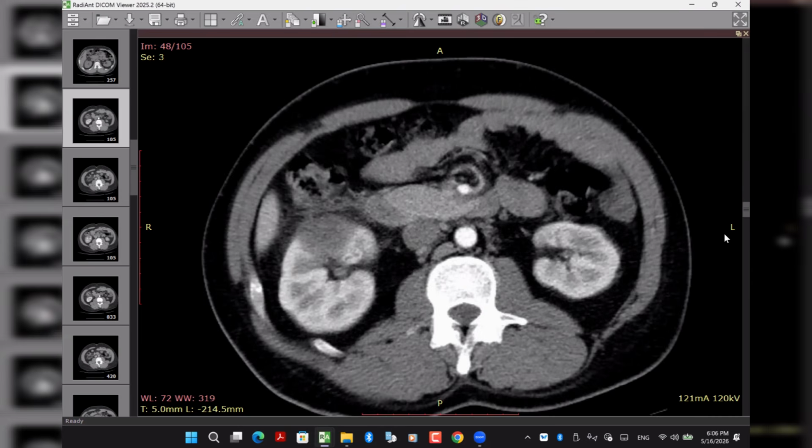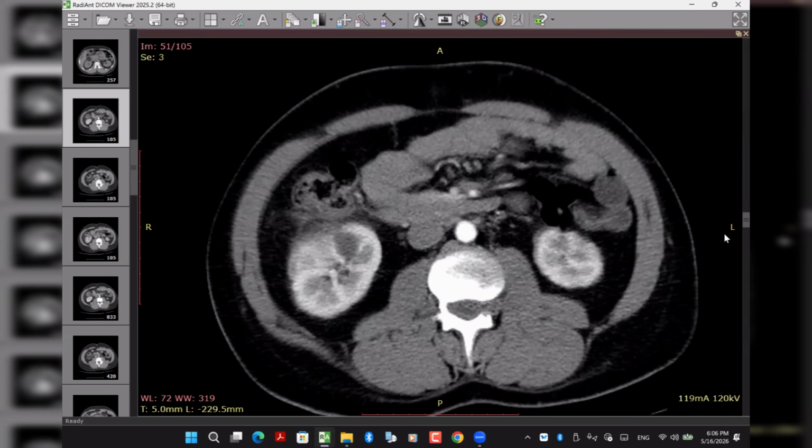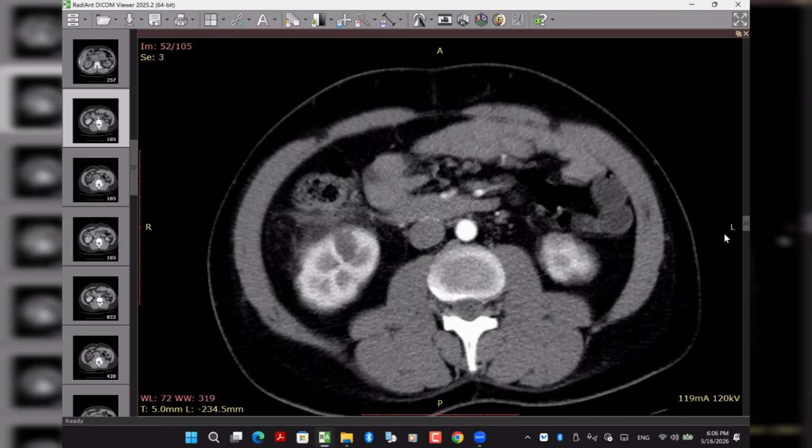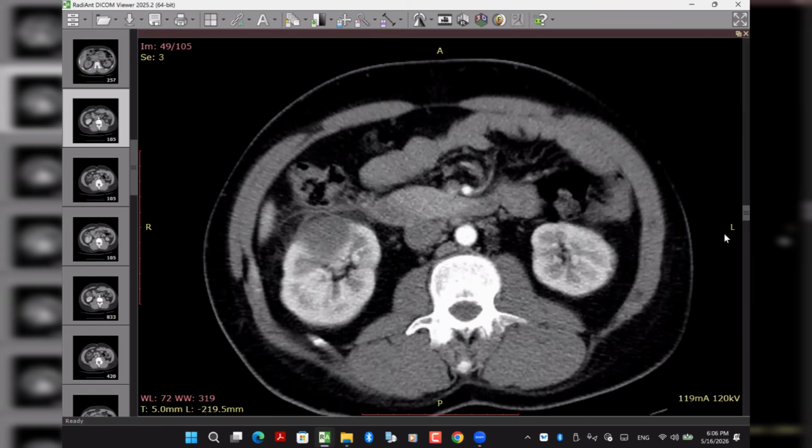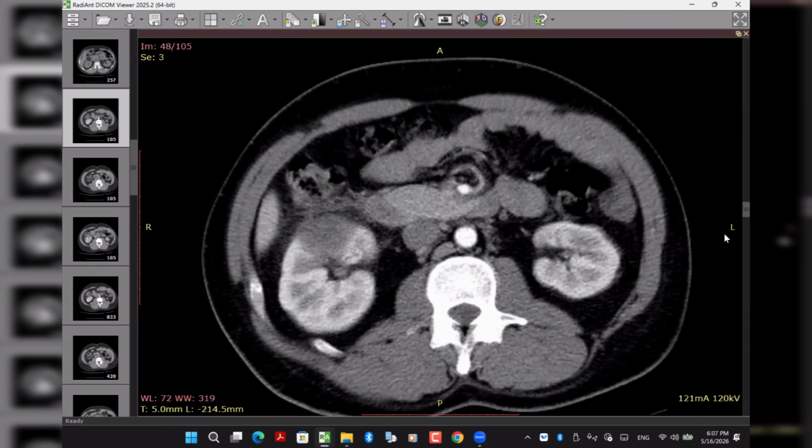Yes. So in the right kidney, near the lower pole of the right kidney, there was a hypodense area, which looks a bit rounded, heterogeneously enhancing, and around that there's a lot of perinephric fat stranding.